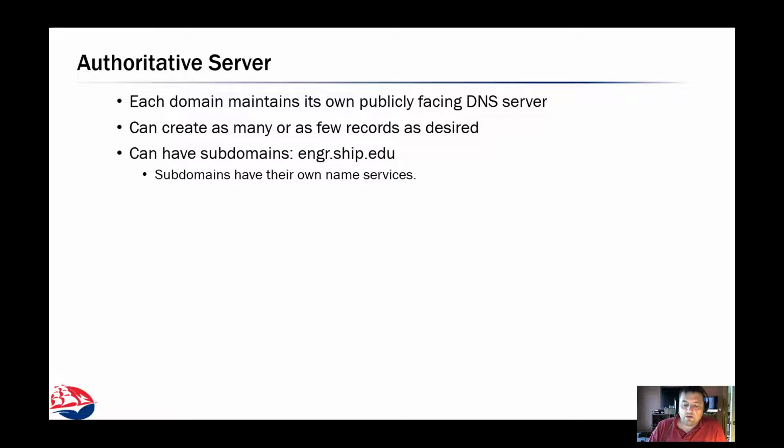So the campus server says, I don't know how to respond to an engr.ship.edu address, but I do know the machine that does, so talk to it. And so each of these different subdomains can have their own name services. So for instance, our subdomain is going to advertise our Microsoft credentials for our domain, the CS or the engr.ship.edu domain controllers, as opposed to the campus domain controllers.